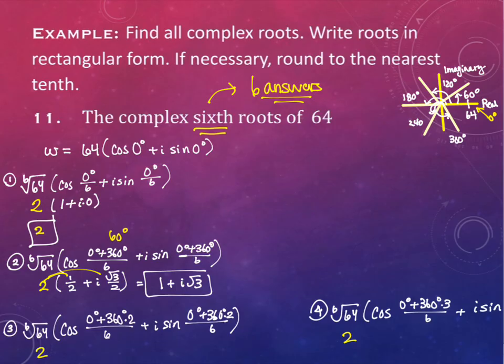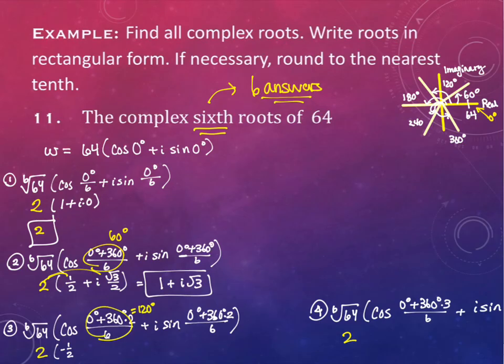Right? What happens when I do 0 plus 360 times 2 divided by 6? What is this angle right here? The first one was 60. What's this next one? 120. So at 120 degrees, the cosine value is negative 1/2.